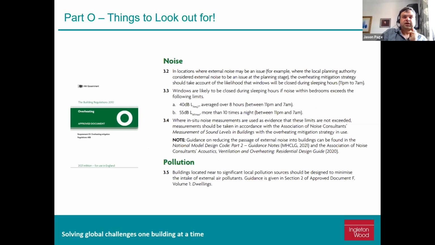This is where you have sites which are near major roads or near loud noise sources. You are likely to need to reduce the number of windows that can be opened as part of this strategy or discount them altogether. It's highly likely in this scenario that you'll be pushed towards a dynamic route, simply because you won't have enough openable windows to pass the ventilation criteria.